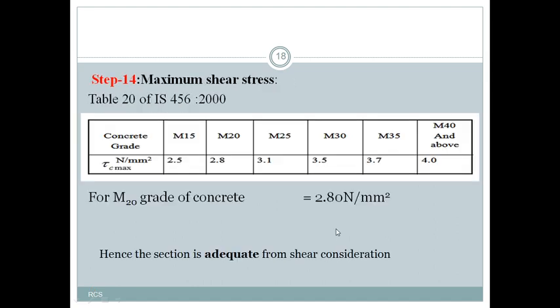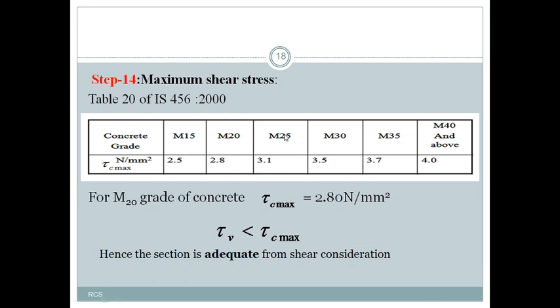Next, we have to calculate the maximum shear stress. Why should we calculate the maximum shear stress value? Whether we go for providing shear reinforcement or not is based on the relation between the nominal shear stress and tau C max, the maximum shear stress.